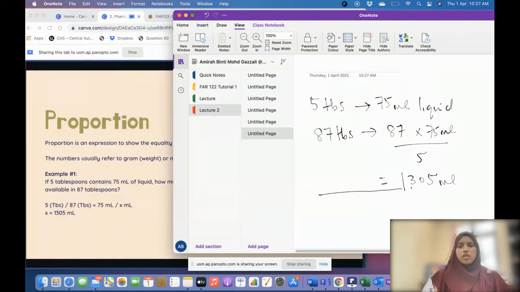Or you can use the other way that I show you just now. 5 tablespoons, 87 tablespoons. Okay, so this should be 75 ml. How many ml? So you would bring this up, right? So 75 ml times 87 tablespoons divided by 5. Okay, so that's the two methods that you can use.